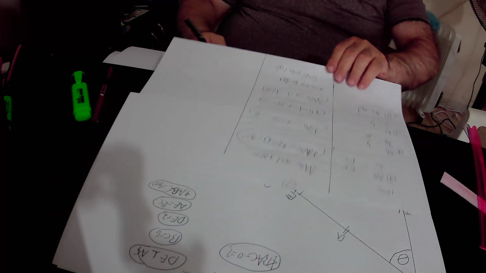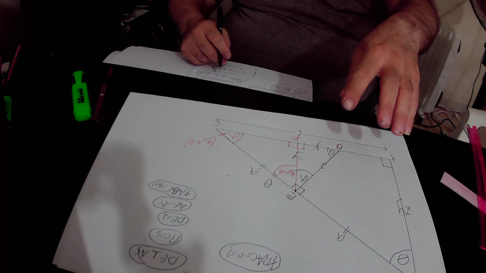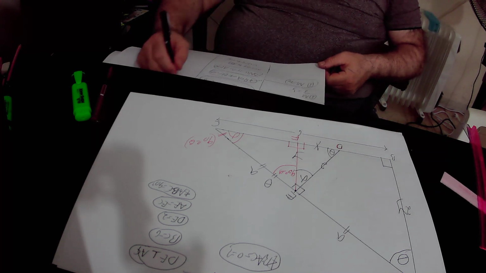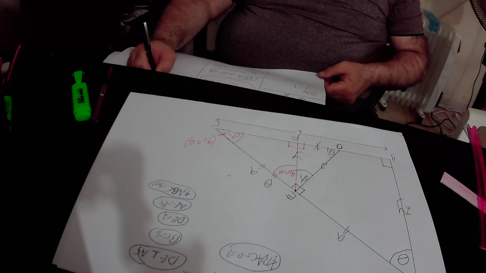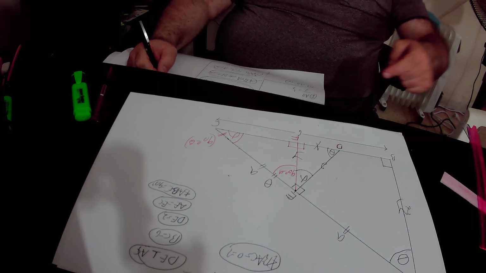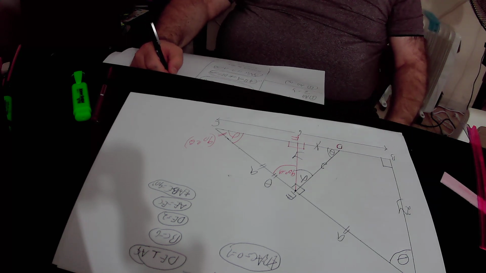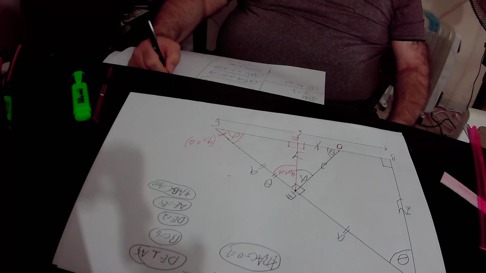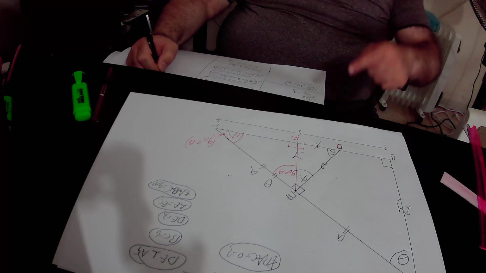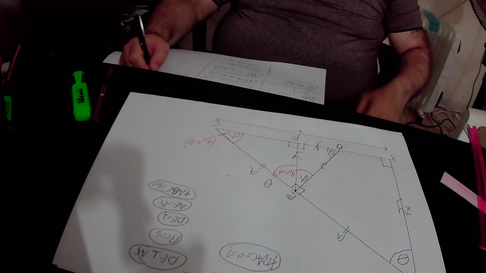Okay? And from the fact that those two right triangles are similar to each other, we derive from it that AB over BC in the right triangle ABC is equal to DF over FE.